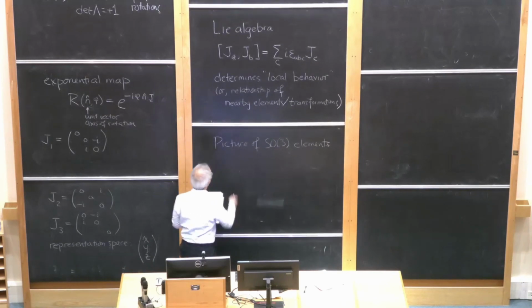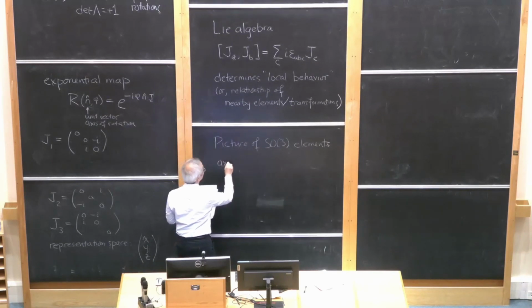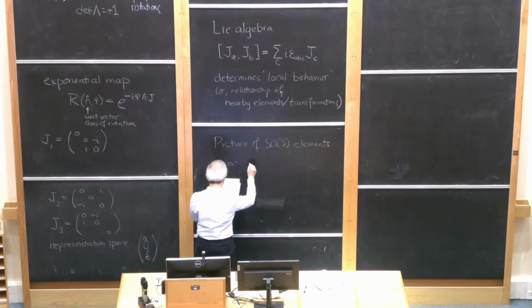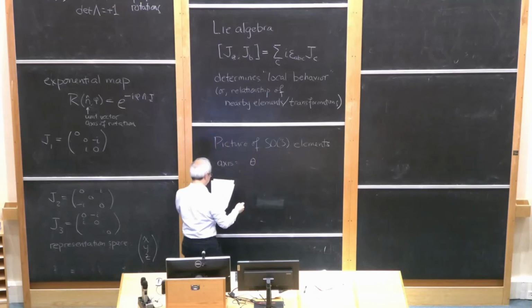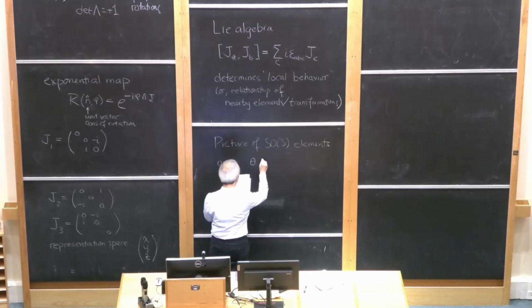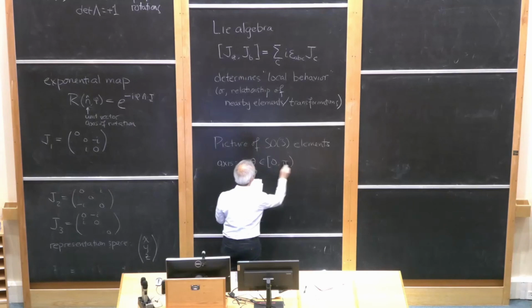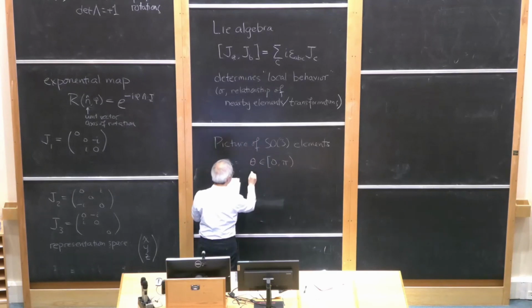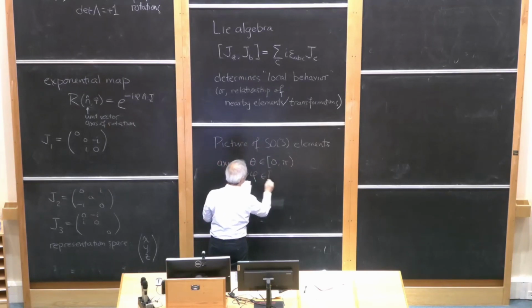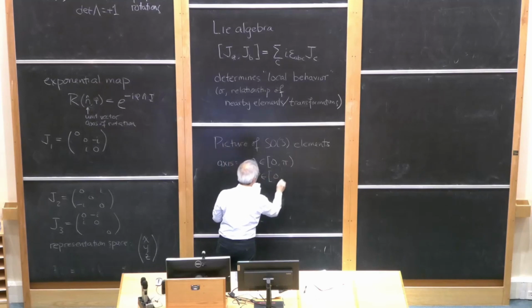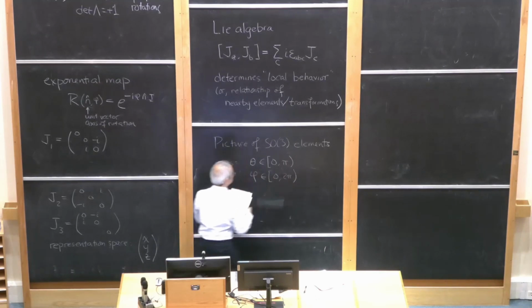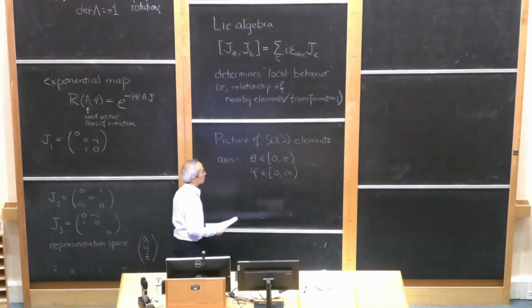So let's picture what that space of parameters looks like. The axis we'll give with an angle theta, which is just the direction of the unit vector, going from 0 to pi, and let's say we'll give the azimuth 0 to 2 pi. So that points in some direction.